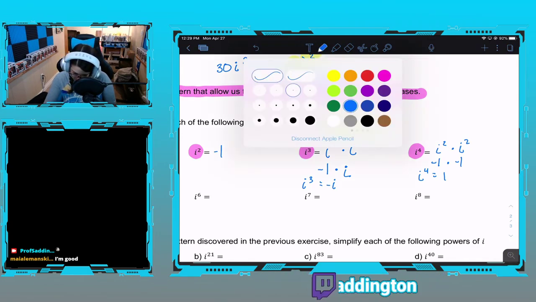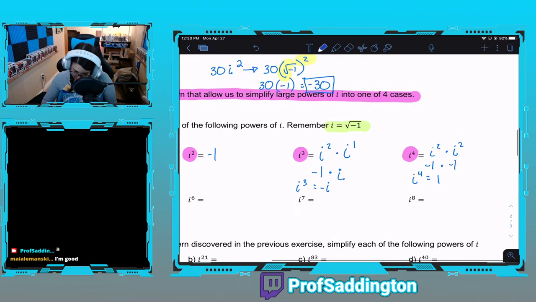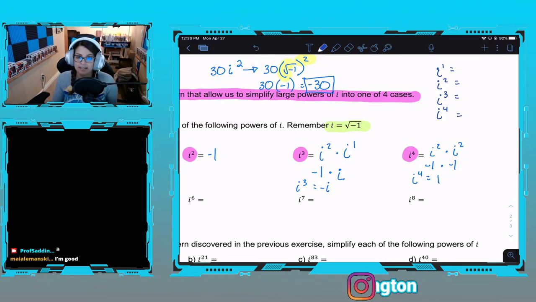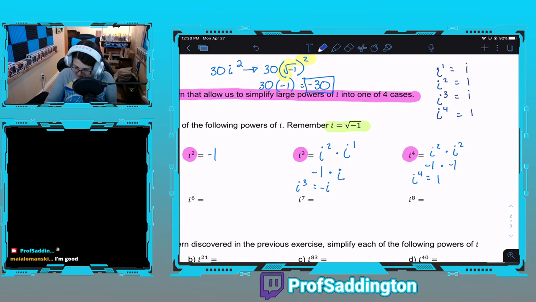And I do want you to write this down. So i to the first, i to the second, i to the third, i to the fourth. And I do want you to write them vertically like this. So how I remember it is I think of "I won," negatives in the middle.